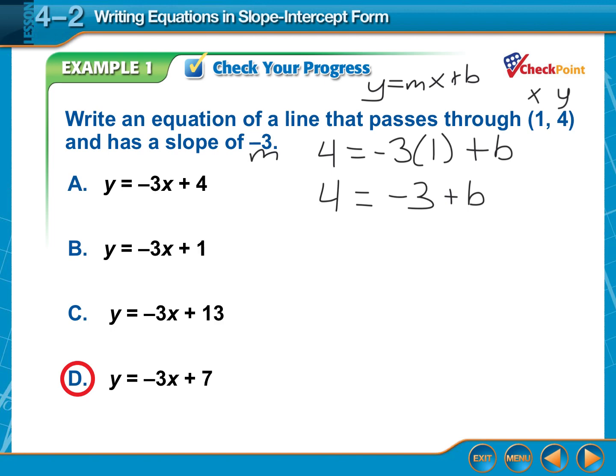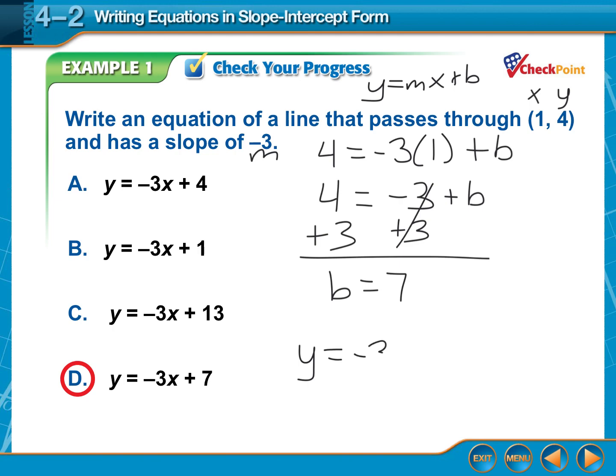How do I get b by itself? Add 3. So then b is what? 7. Are we done? No. What's our last step that we have to do? We have to put it into the equation. Okay, so we have y equals, what's our slope? -3x. What's our b that we just found? Plus 7.